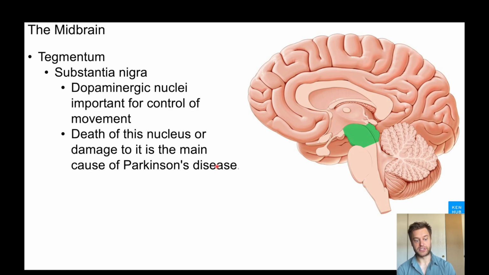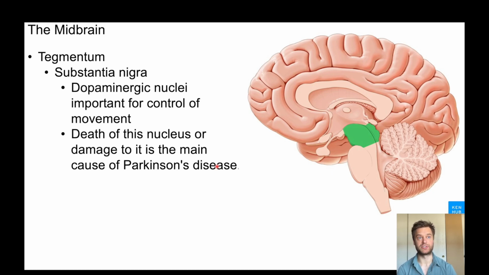Then we have the substantia nigra. For sure, you'll need to know about the substantia nigra. It is one of the 2 main dopaminergic nuclei in the brain. And the substantia nigra innervates the striatum and is important for movement and control of movement. And death of the substantia nigra causes Parkinson's disease. Or, I mean, this is kind of a philosophical issue, right?